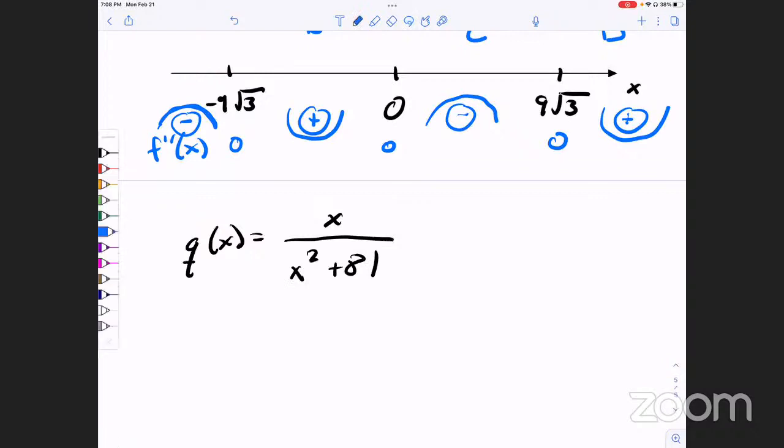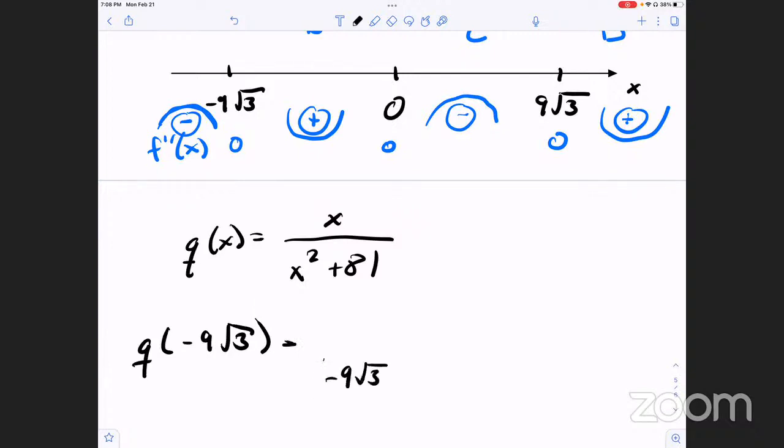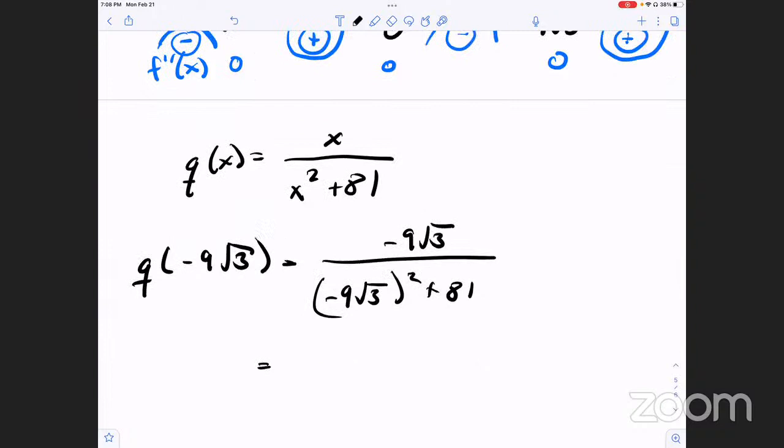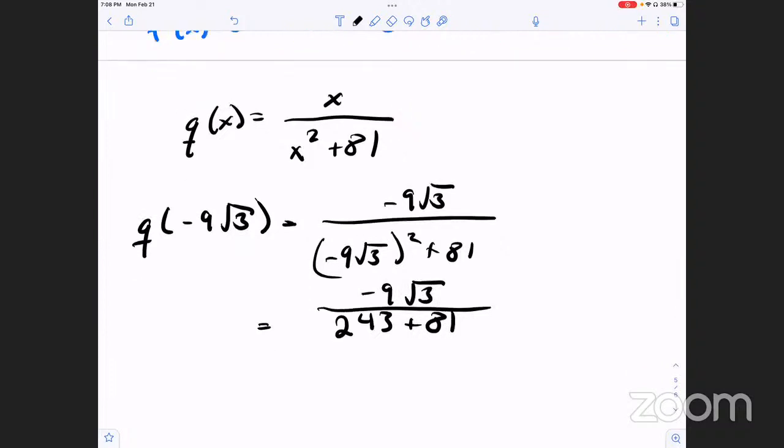So now, for instance, the cube of negative 9 root 3. 9 times the square root of 3 squared plus 81. 81 times 3 is 243. 243 plus 81 is 324.